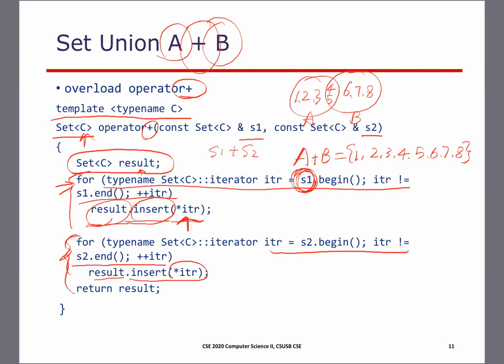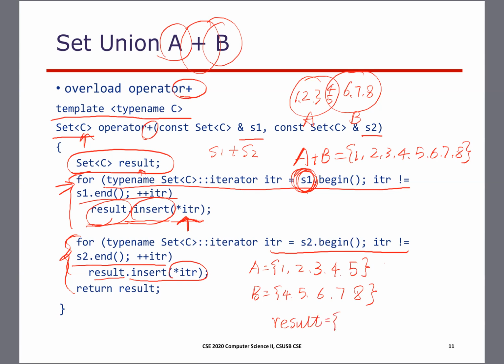Okay. Now, if we still use this example, A is equal to 1, 2, 3, 4, 5, and B is equal to 4, 5, 6, 7, 8. So this function declares result.